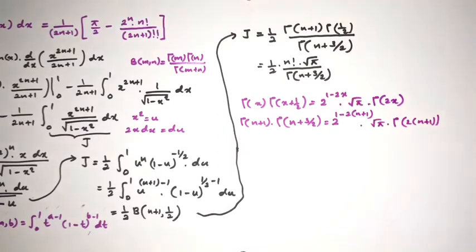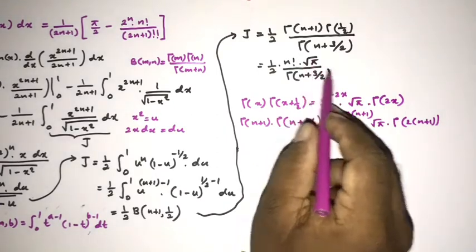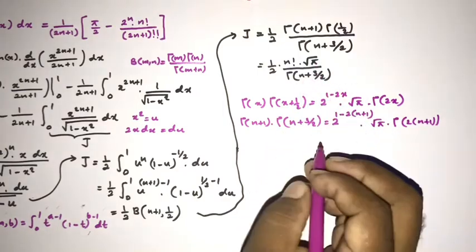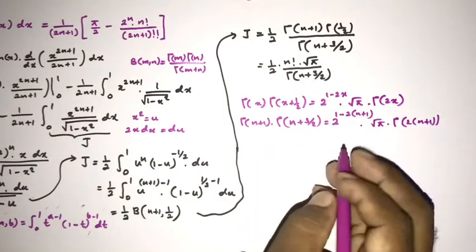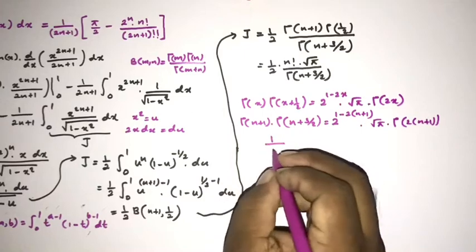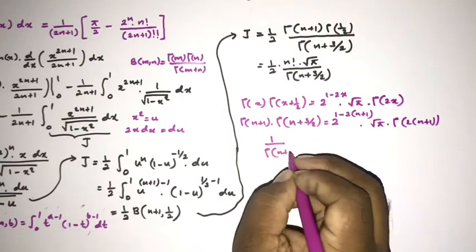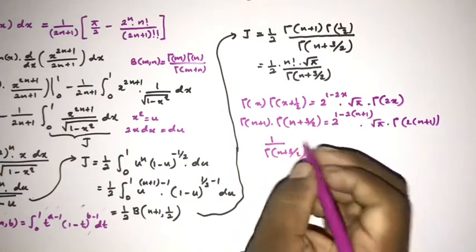Okay, now we need 1 over gamma of n plus 3 over 2. So we can isolate 1 over gamma of n plus 3 over 2.